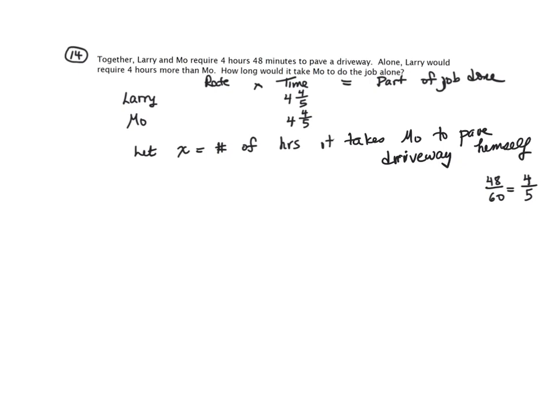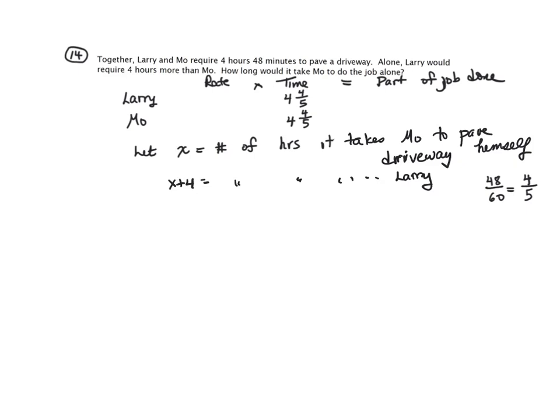And x plus 4 would represent the number of hours it takes Larry to pave the driveway himself. And that's because it says, alone, Larry would require 4 more hours than Mo.